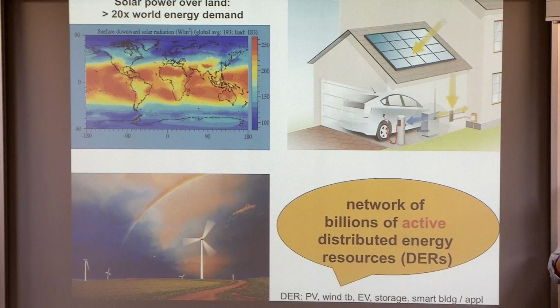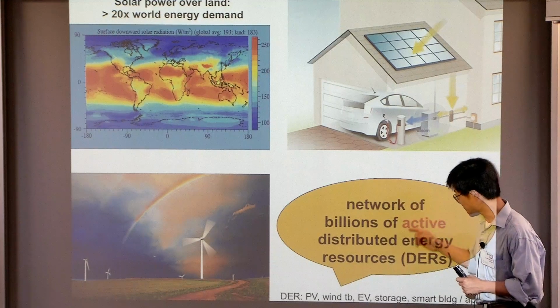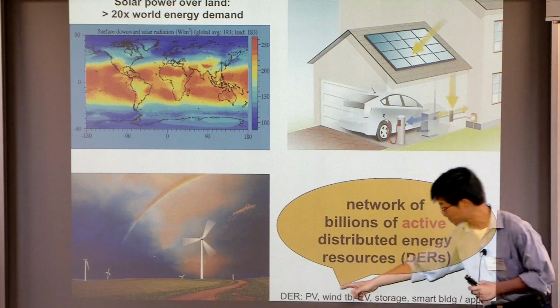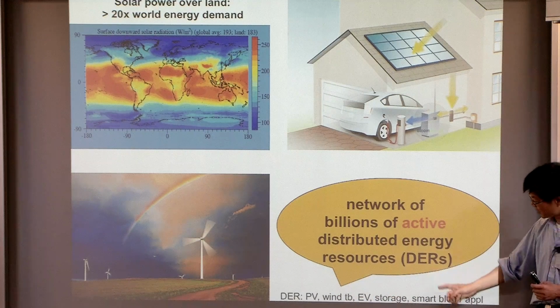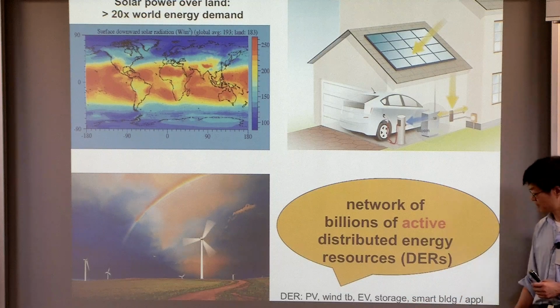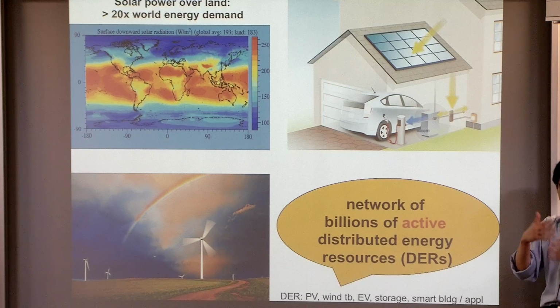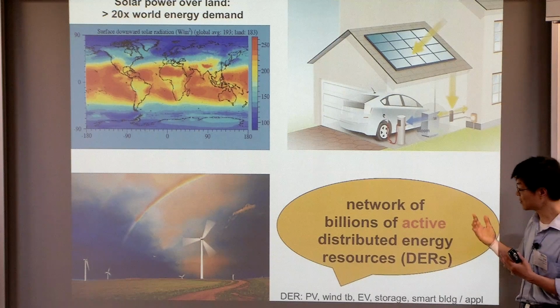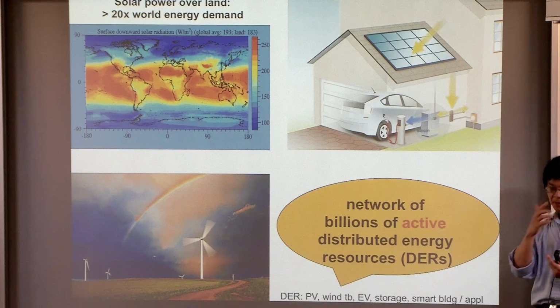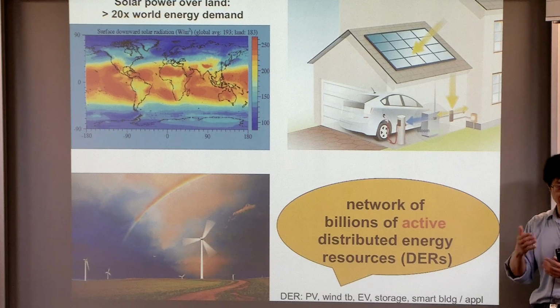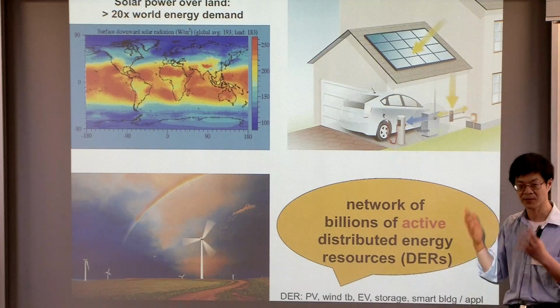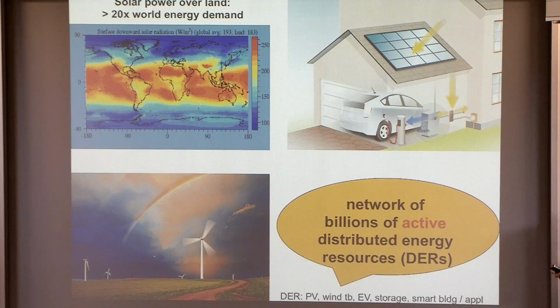Hopefully in the future, the situation is almost flipped, that we have hundreds of millions of distributed energy resources, which are PVs, wind turbines, electric vehicles, energy storage, smart buildings, smart appliances, and so on, that are intelligent, that can be controlled. They are not just passive loads. Some may generate, some may communicate, measure, compute, control, and all of that. Right? So that's the kind of network.